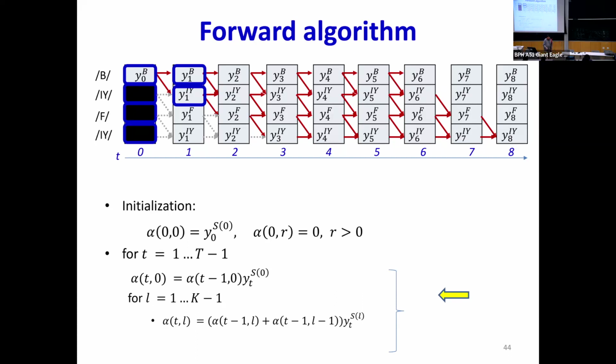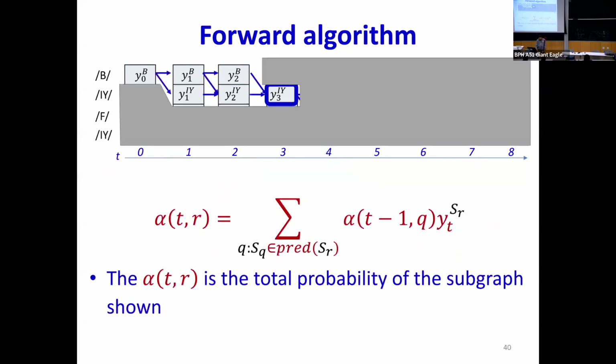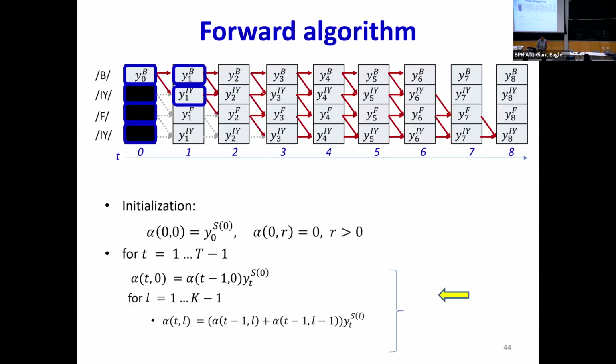Because remember that the alpha at any time is computed using the alphas at time t minus 1. So I can use the alpha at time 0 to compute the alphas at time 1. Now that I've got the alphas for all the nodes at time 1, I can use them to compute the alphas at time 2.